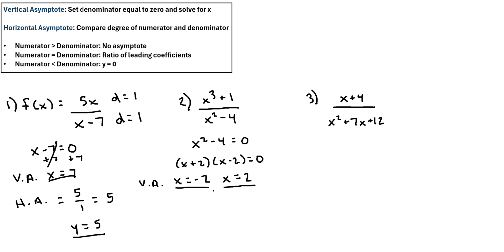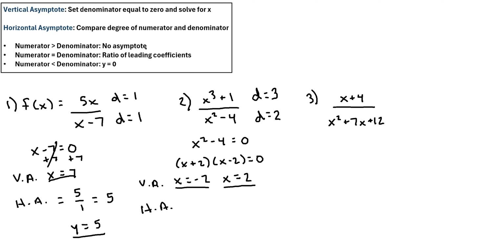VA. Okay, now we can find the horizontal asymptote. So I'll write HA again. And remember, to do that, we just need to compare the degree of the numerator with the degree of the denominator. Or in other words, what is the largest exponent in the numerator? So we'll say degree, or d, in the numerator is 3. Degree in the denominator is 2. That's the largest exponent.